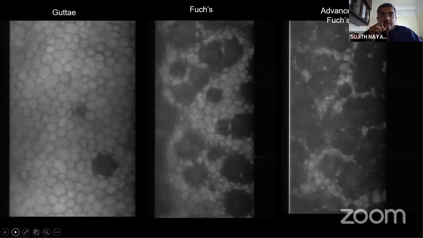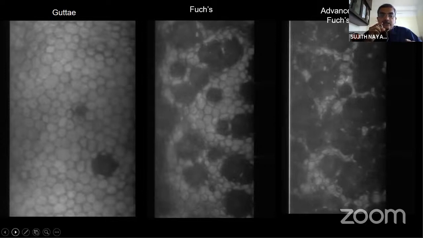This can be an early Fuchs syndrome, or when you're seeing it at the periphery, it could be something called Hassall-Henle bodies, which can be seen with old age or otherwise in a normal eye also. But when it comes to the center picture, you can see there are a lot of them, and apart from that, the surrounding cells, in the first picture the surrounding cells are looking almost normal, but in the central picture you can see the surrounding cells are also abnormal.